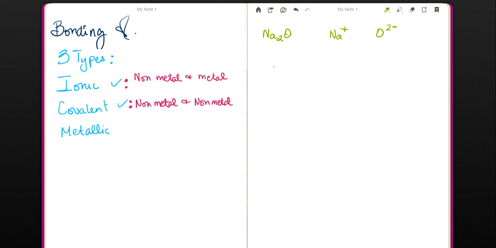So when we're dealing with bonding, usually we do it in the dot and cross method, known as Lewis dot and cross. For sodium, maybe you learned to draw sodium with the concentric rings, and you know that sodium has 11 electrons.